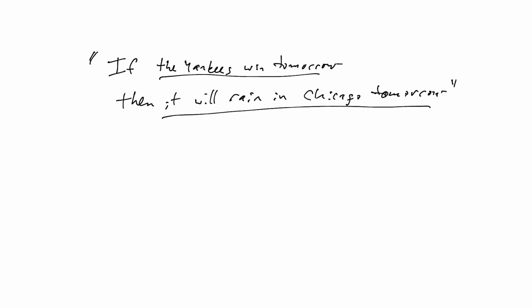Now, there's no way that the Yankees winning or losing somehow causes the rain in Chicago to happen. Nonetheless, if it turns out that the Yankees don't win tomorrow, and it does rain in Chicago tomorrow, then in that situation, because it's not the only bad case where P is true and Q is false, this would be a true statement.